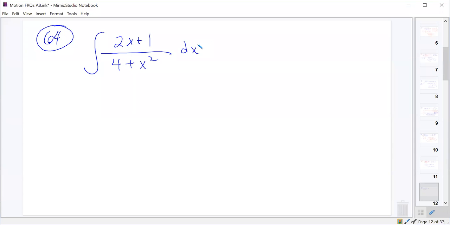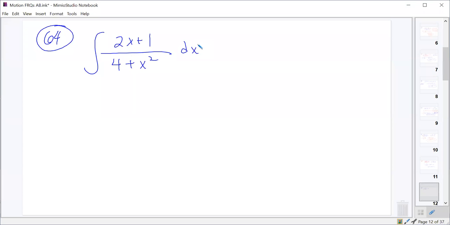Our traditional u sub, if we sub 4 plus x squared, would give du equals 2x dx. We have a 2x and a dx, but we don't have 2x times dx. We have 2x plus 1 times dx, which is very different. That's 2x dx plus dx, which is not the same thing. So we're going to have to be a little more creative here.